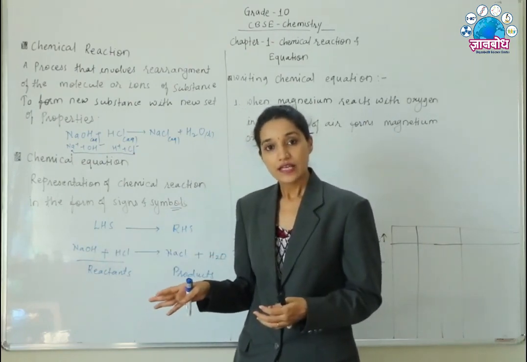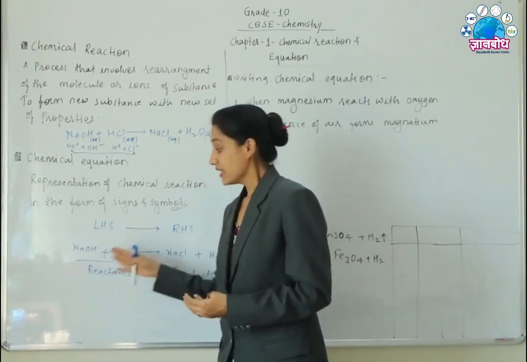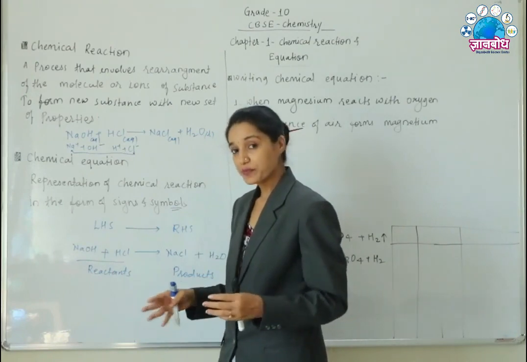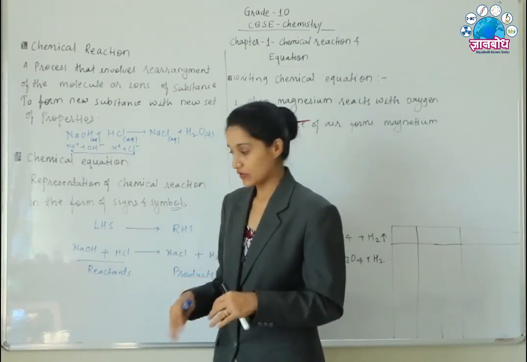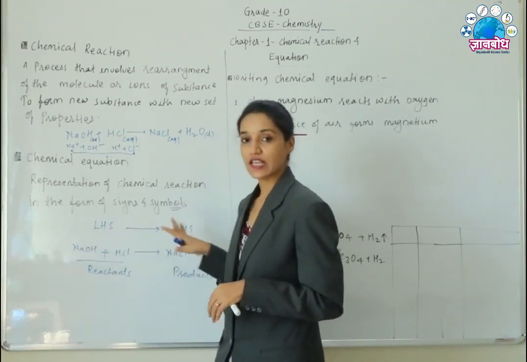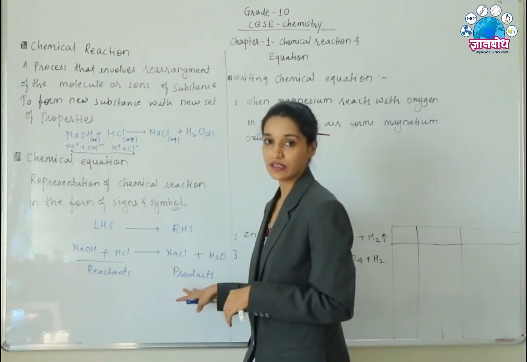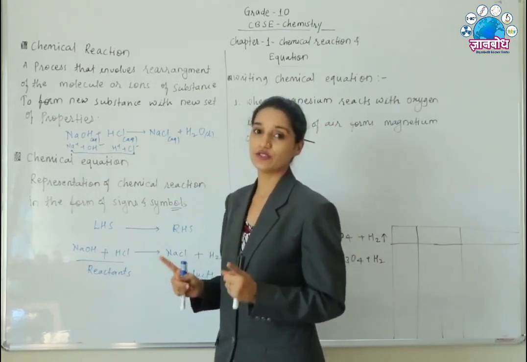But they are not the same as in the reactant side. There is rearrangement, but there is no addition of any new element here. Only the same 4 elements we can observe in LHS, and the same 4 elements are there in RHS. But the number of atoms in compounds is changed.